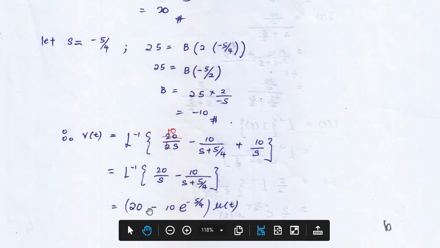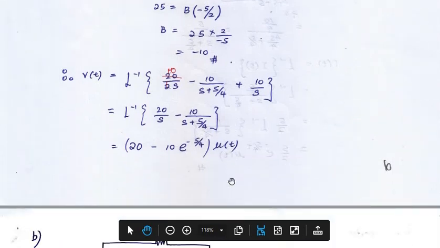At the end, the inverse Laplace transform of 20 over s gives 20 u(t), and then minus 10 over s plus 5 over 4. 10 is a constant, so you have exponent negative 5 over 4 t u(t). So this is how you solve the question. Okay, class, that's all. Thank you for watching.